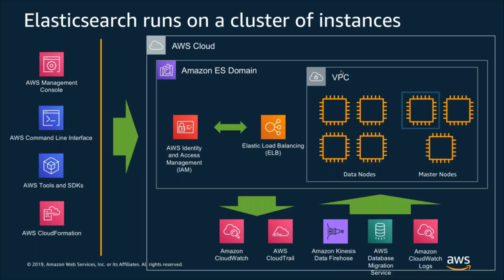On the input side, we have Kinesis Data Firehose that we're talking about today. We also have Database Migration Service, which can migrate your data to Elasticsearch. And we also have integration with CloudWatch Logs that can deliver data to Elasticsearch via Lambda. On the left, we have the set of tools that allow you to create these domains. We have command line tools, SDKs, console, CloudFormation, so you can maintain your infrastructure as code.